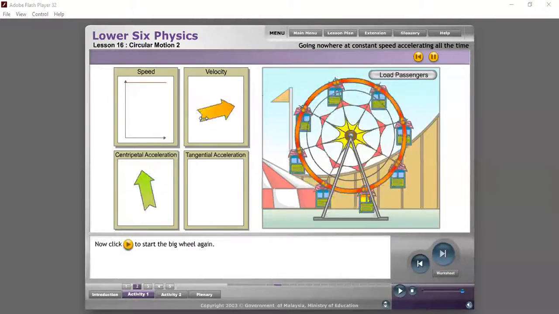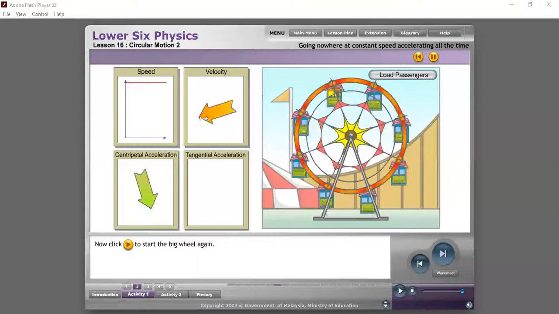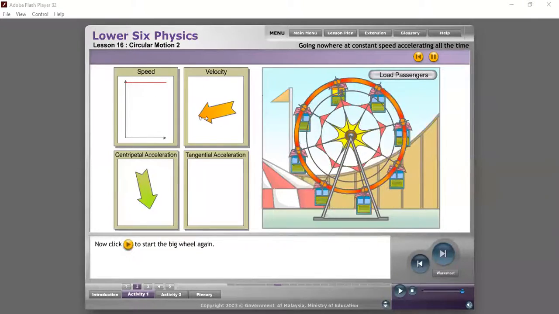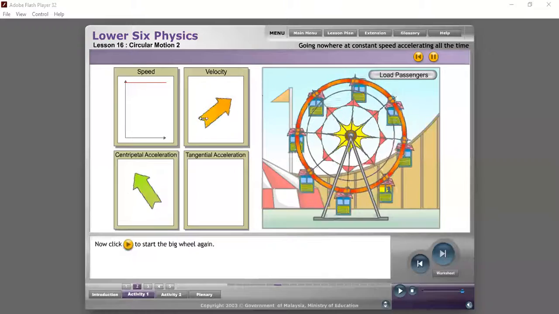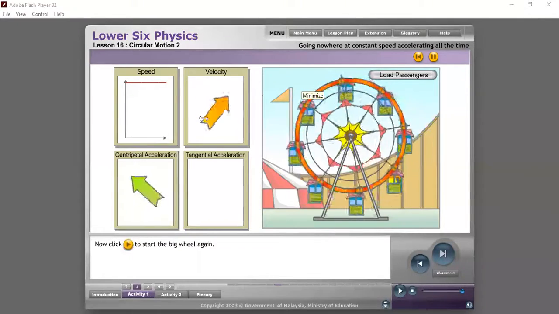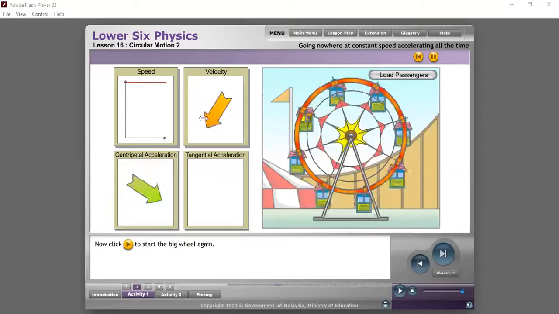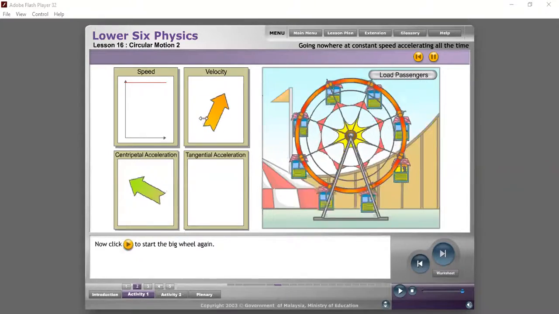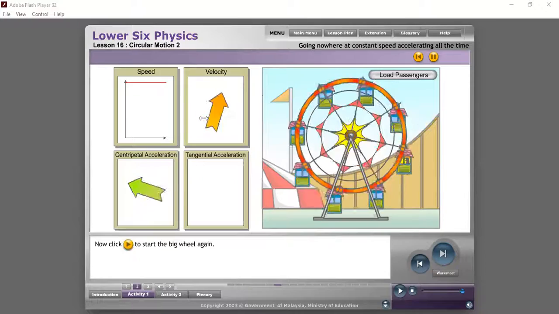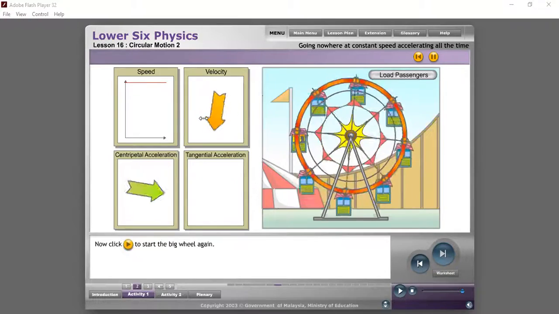Teacher, why does it reduce in the same direction but increase in the opposite direction? Increase in the opposite direction because there is a change of the speed, and it is circular motion, not the same as linear motion.